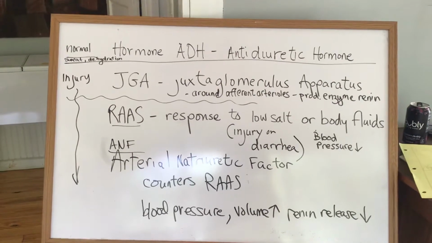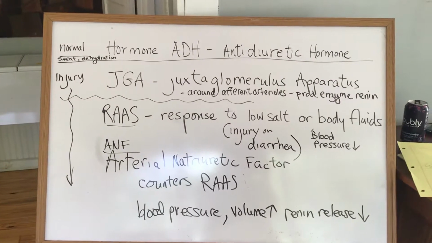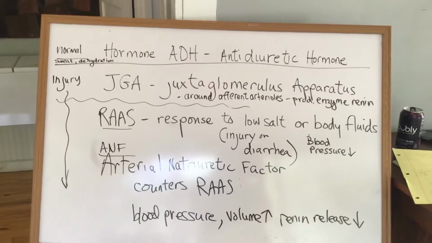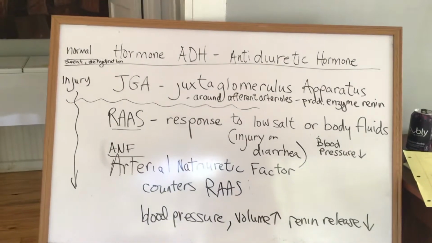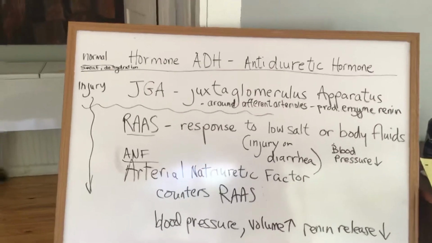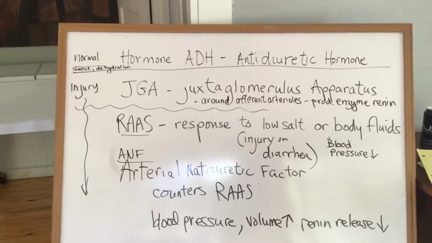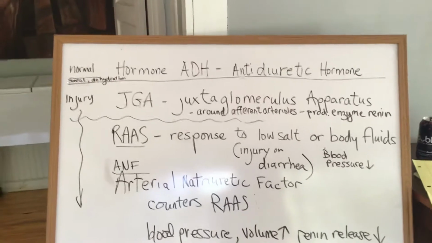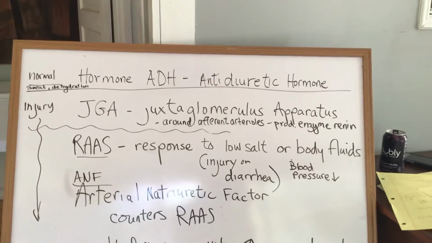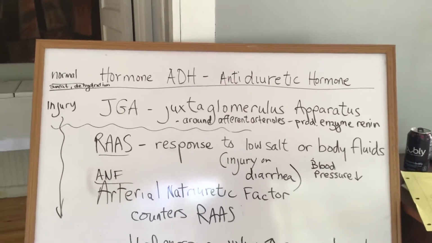Okay, now we're going to look at some controls on the kidney function. There are normal drops in osmolarity. That is, you sweat a lot or you get dehydration or whatever. It's going to stimulate the hormone, antidiuretic hormone, called ADH.